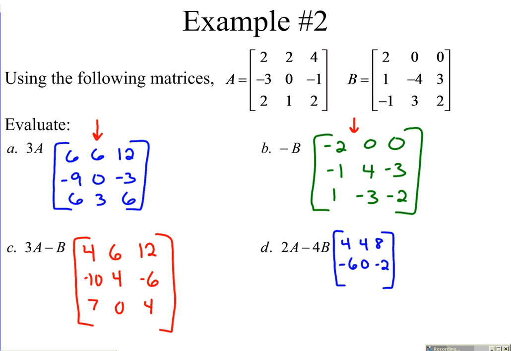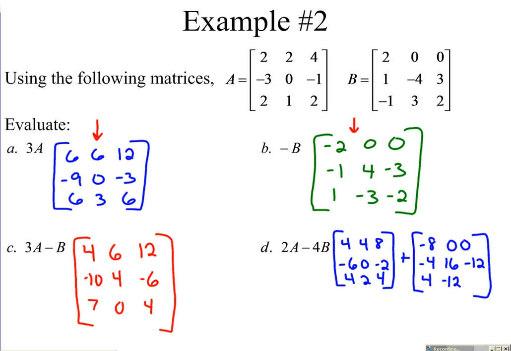And row 3 is going to give us 4, 2, and 4. I'm going to change it to addition and distribute -4 now through to matrix B. We get -8, 0, 0, -4, 16, -12, 4, -12, -8.